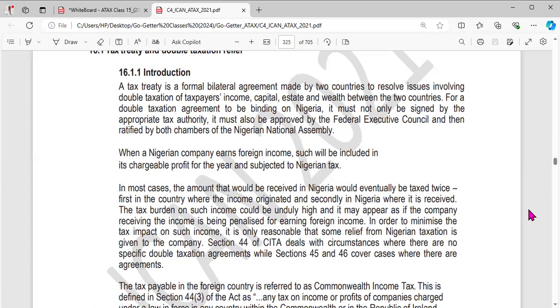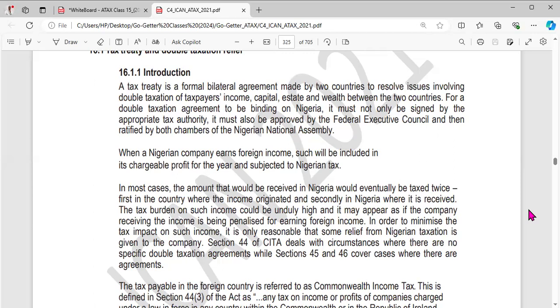Now, when we are having this bilateral agreement, it means if a foreign company is earning income in Nigeria and is taking it from Nigeria to the country where it is belonging to, Nigeria would have charged tax to it, and that company where it is taking the money to will have to provide reciprocal double taxation relief.